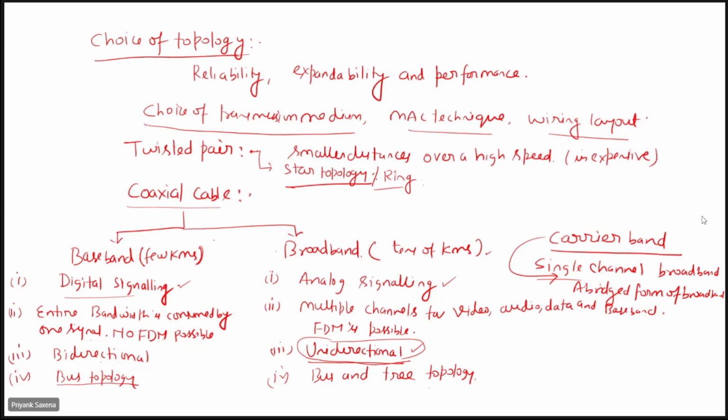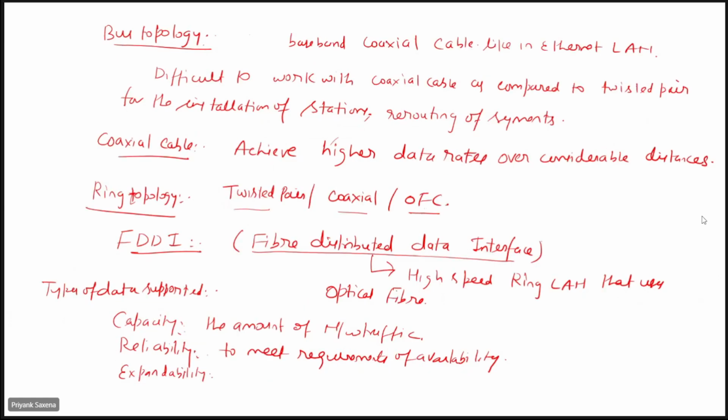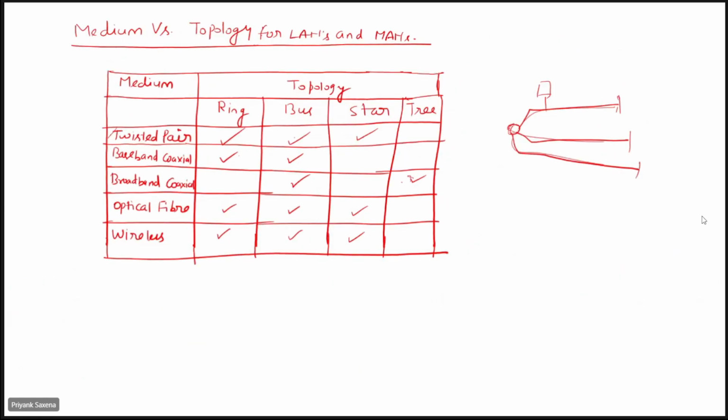So you can use coaxial cable, but using coaxial cable is a bit tough when you have to install stations on a physical interface. Installing stations on the coaxial cable, and removal and new installation, is quite complex.